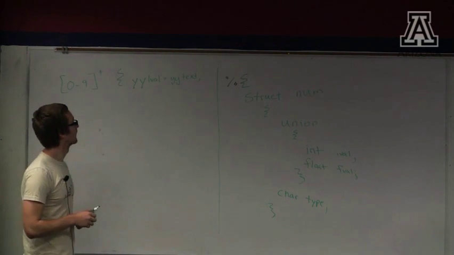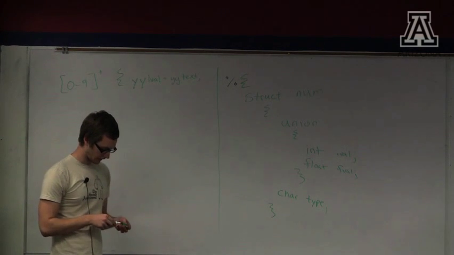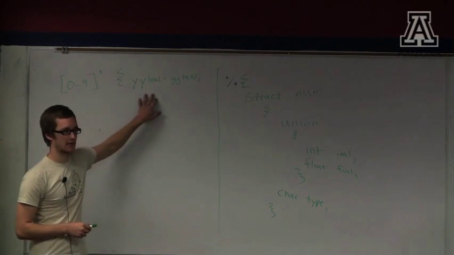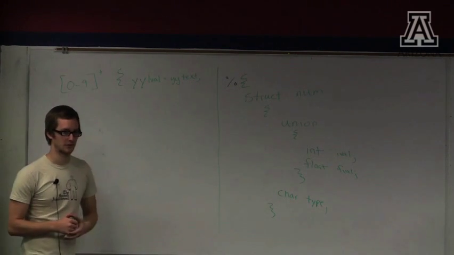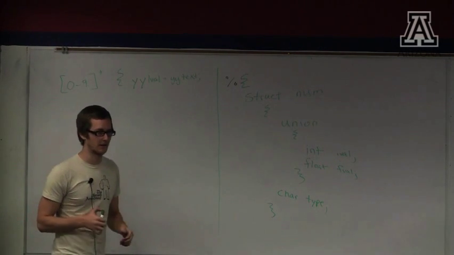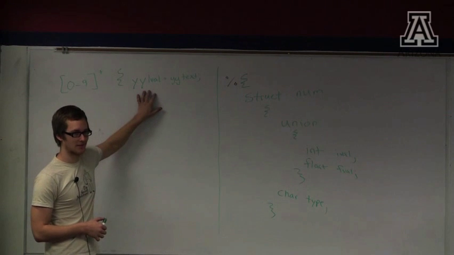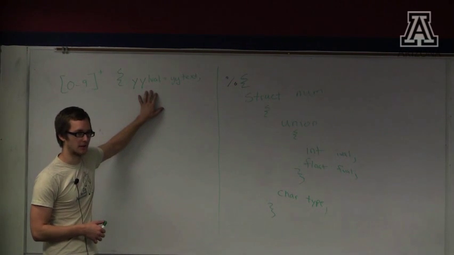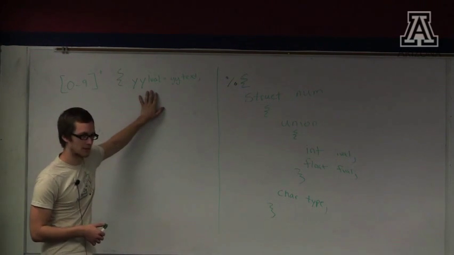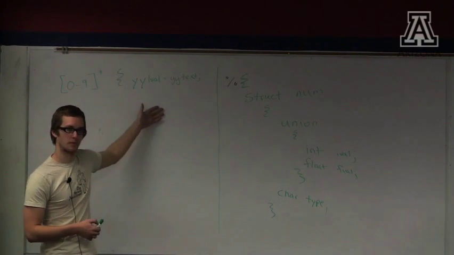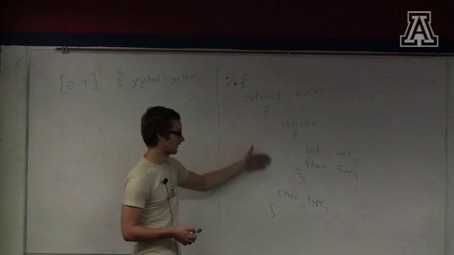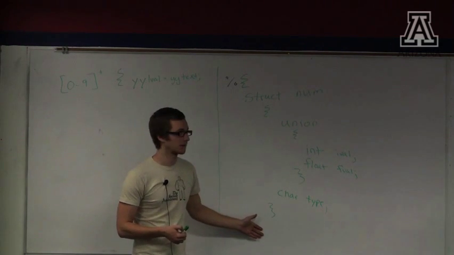The initial thought might be like, well, YYLVal is a number, and YY text is a string. How do you set those equal to each other? It's actually a little different now. YYLVal isn't a number; it's a struct. So what are we assigning? We're saying YYLVal is YY text, but what part of YYLVal? YYLVal is now this intense piece of code.